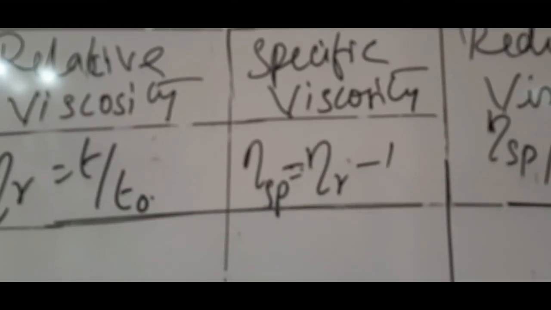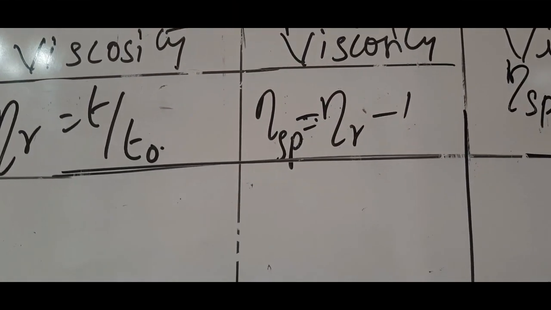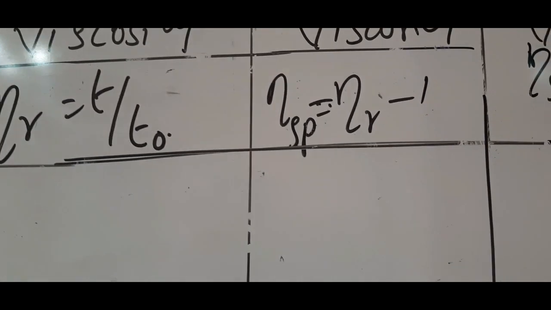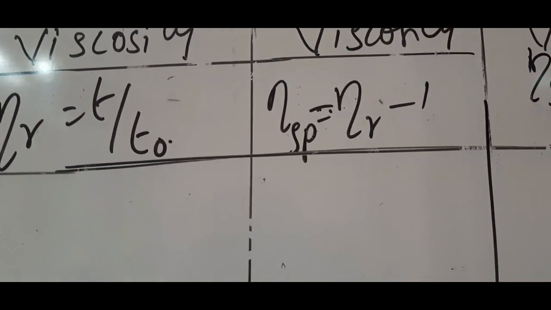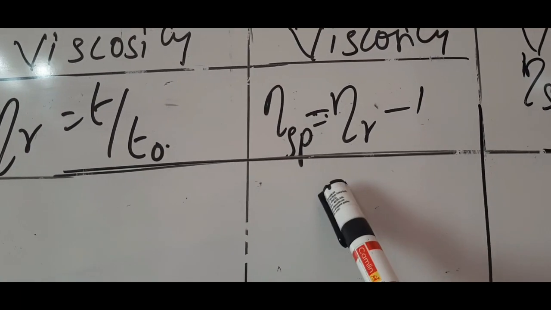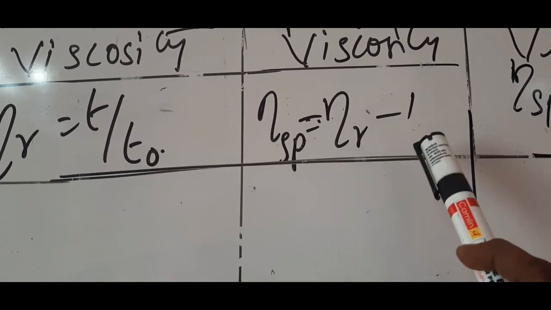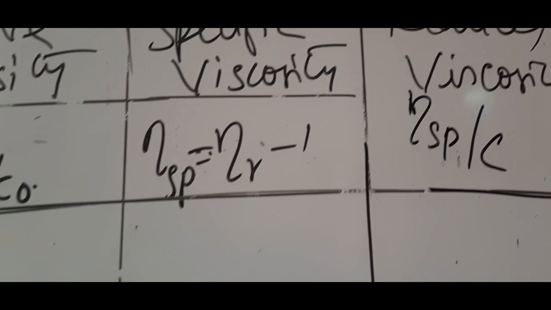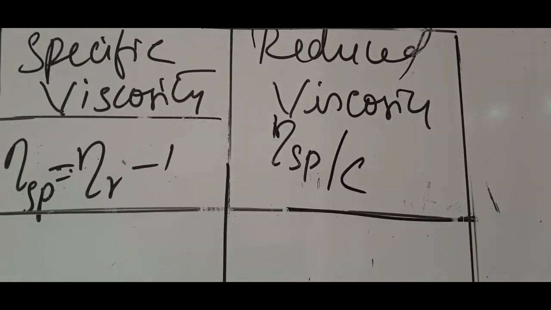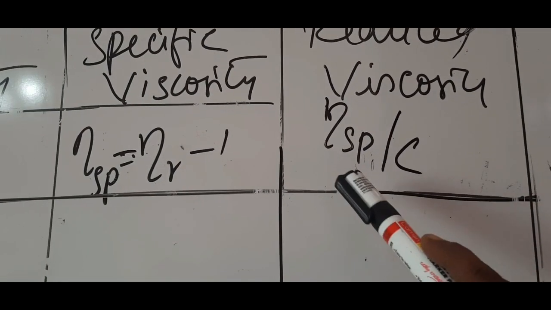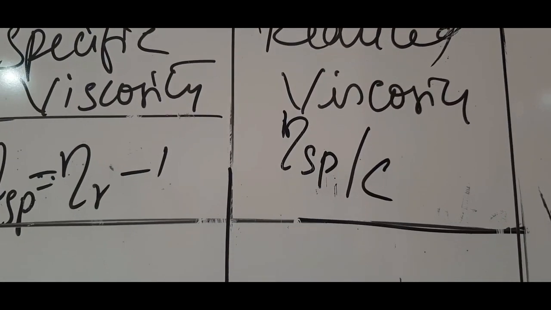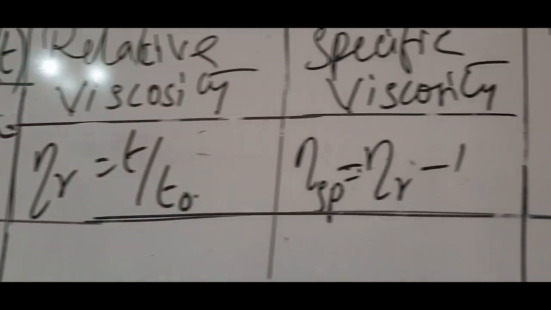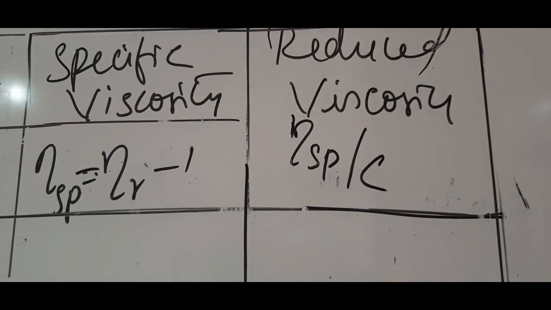Specific viscosity is found by subtracting 1 from relative viscosity. It is represented as eta sp, which is equal to relative viscosity minus 1. Then you need to find the reduced viscosity, which is eta sp divided by C. Specific viscosity divided by the concentration gives you the reduced viscosity.